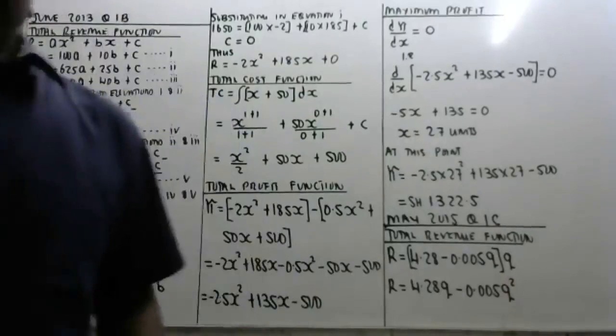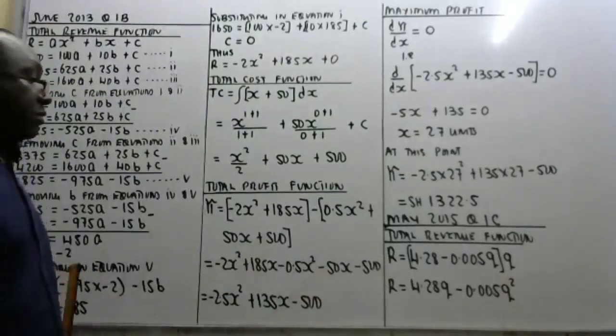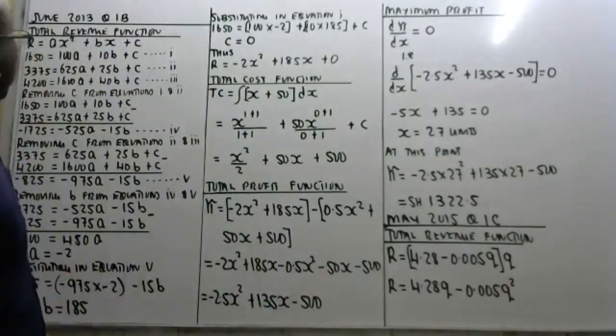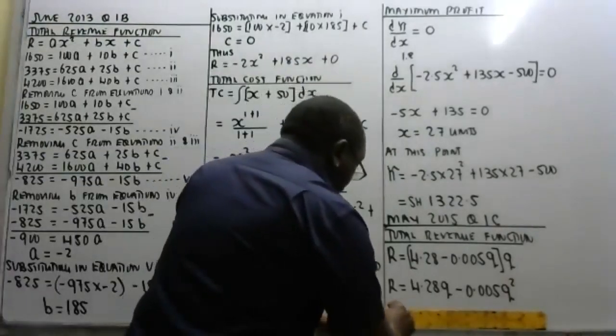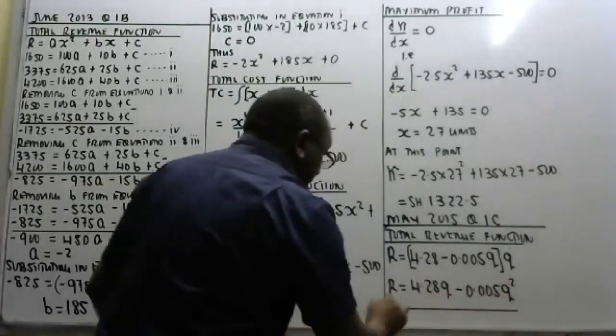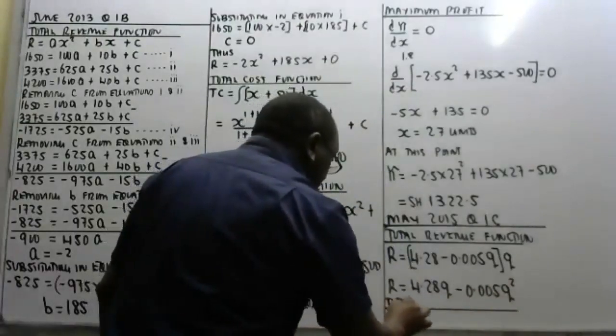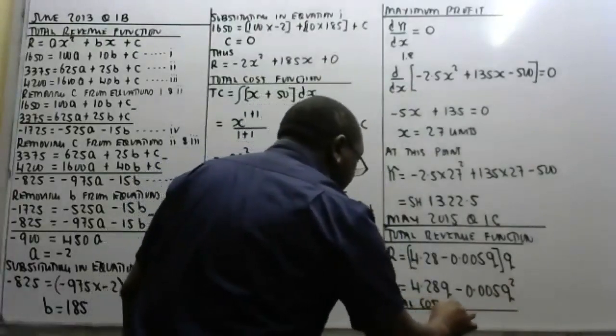That is the total revenue. From there, you need to derive the total cost function.